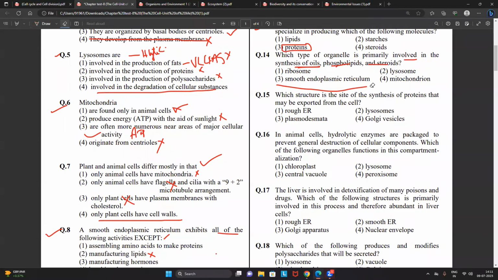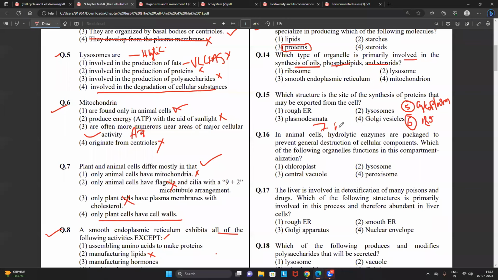Question number 15. Think and answer. Which structure is the site of synthesis of protein that may be exported from the cell? Let me add the options. Option 5, cytoplasm. Option 6, 1 and 5.